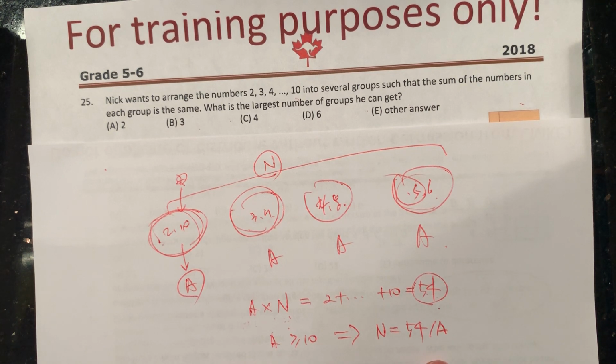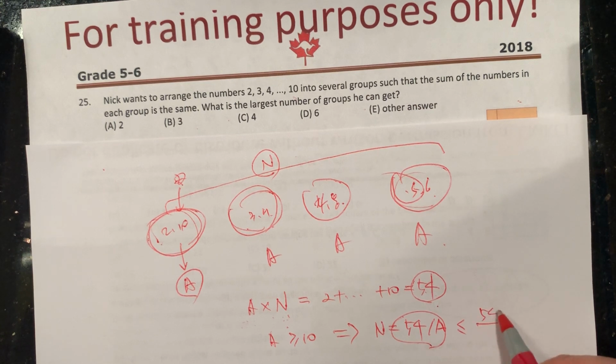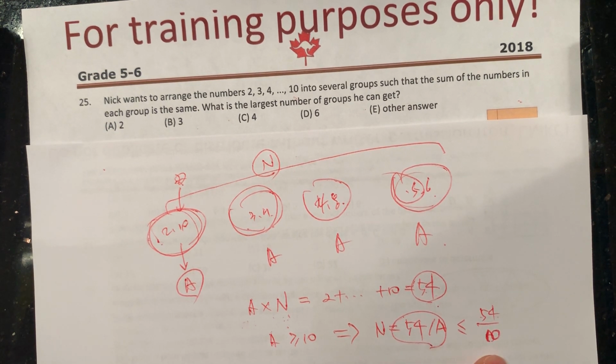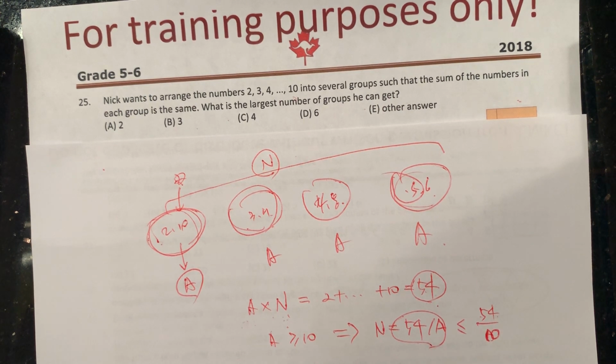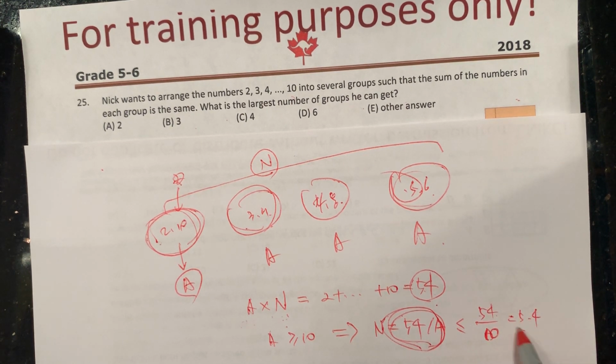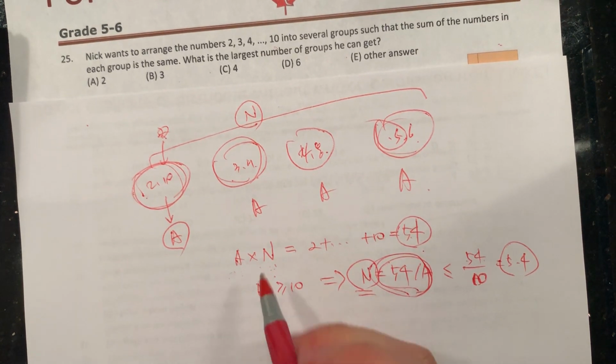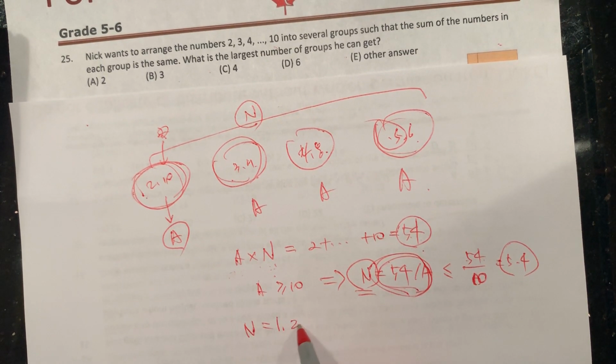But a is greater than or equal to 10, so n should be less than or equal to 54 divided by 10, which is 5.4. So the number n of groups should be either 1, 2, 3, 4, or 5.